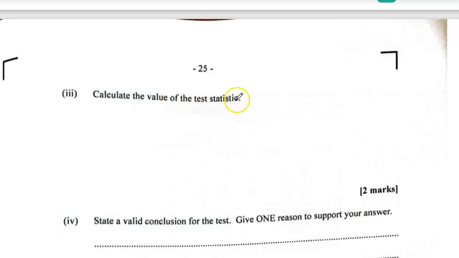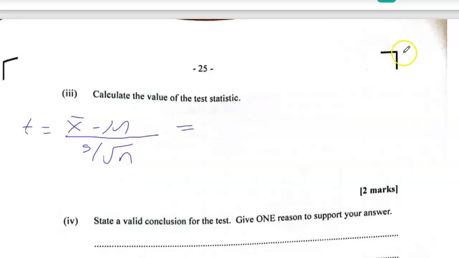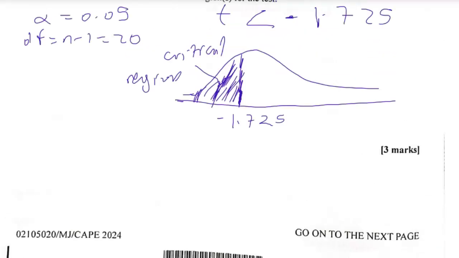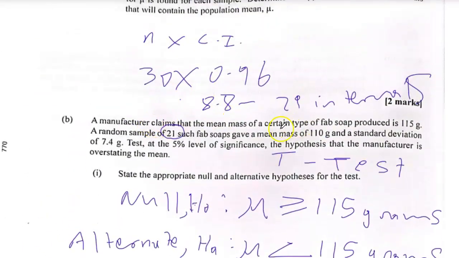Calculate the value of the test statistic, that's t. The formula for t is x bar minus mu over s over root n. Let's look at the question again. The sample mean was 110, standard deviation 7.4.